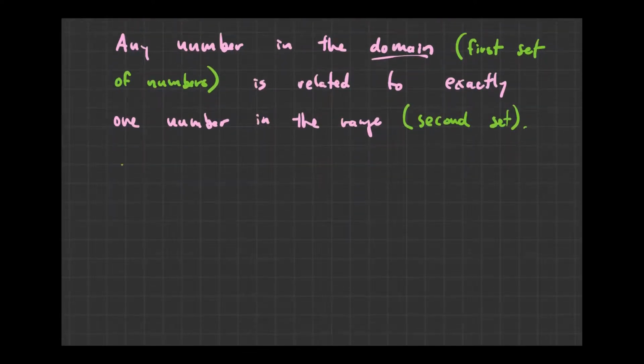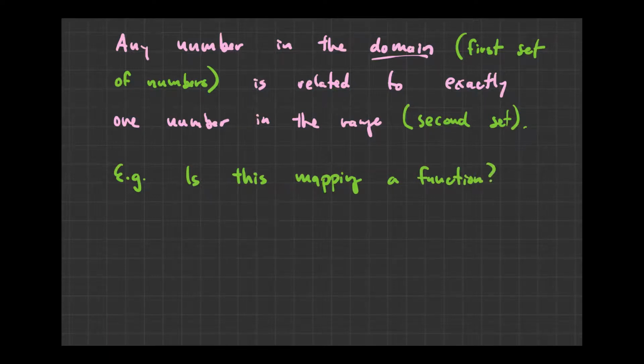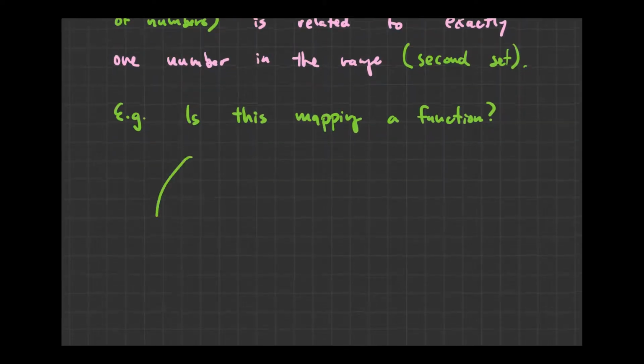Okay, so let's do a quick example. Is this mapping a function? I'm going to make it really easy for us. I shouldn't say easy, but straightforward. I'm not going to make a super complicated mapping here.